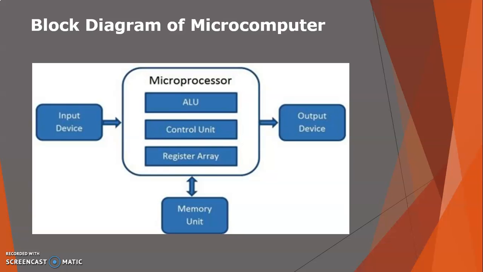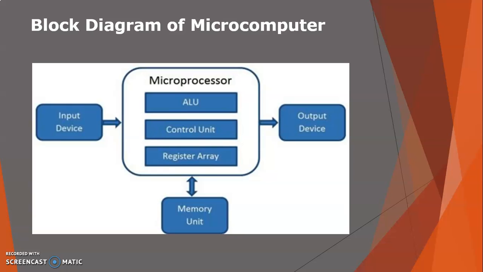Microprocessors contain both combinational logic as well as sequential digital logic, which we saw in previous chapters, that is the combinational circuit and the sequential circuit. A microprocessor operates on numbers and symbols represented in the binary number system. It is the integration of a whole CPU on a single or a few integrated circuits using very large scale integration.